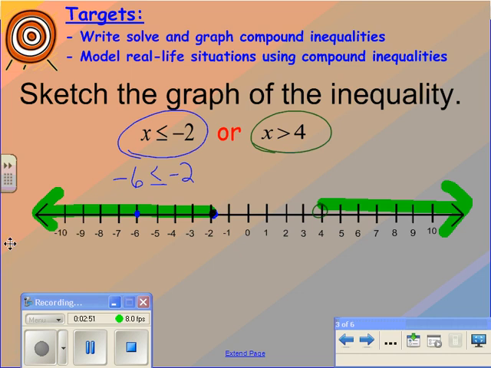Over here, if I pick a point on my right-hand side, such as 7, 7 is greater than 4, which is also a true statement. And again, every point to the right of my 4 would be true in my second inequality. However, if I selected something like 1 in the middle, 1 less than or equal to negative 2 does not work. Or 1 is greater than 4 does not work either. So all of the points in between do not work for one or the other.